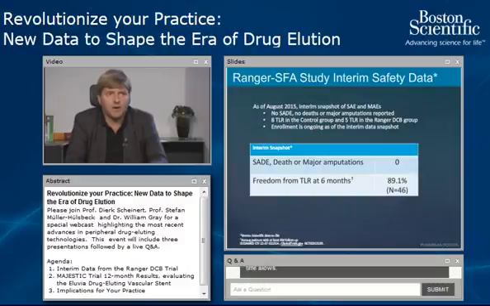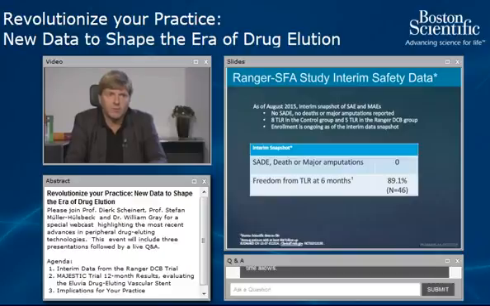Of course, most interesting at this moment is the situation of occurrence of serious adverse events during the follow-up time window, and we can say that to date, no serious adverse events, no death or major amputations were reported.